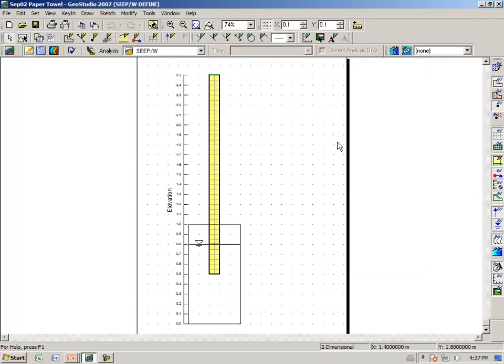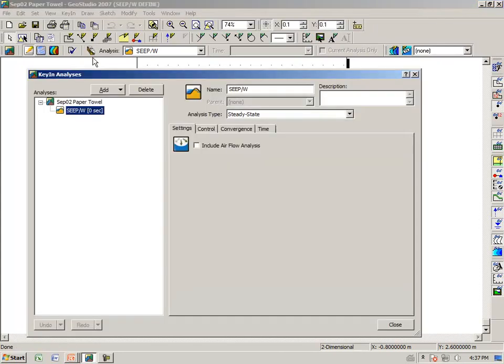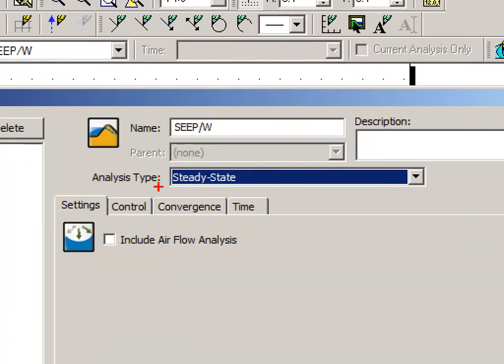We have set up the problem here for you, and we are going to do a steady state seepage analysis. So to begin with, under Key In Analysis, notice that we have selected a steady state analysis.